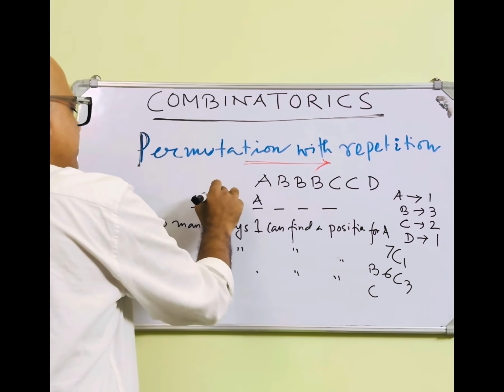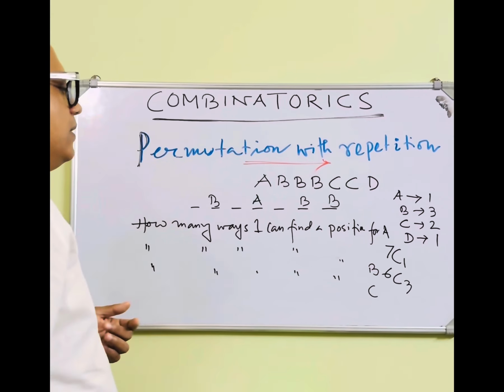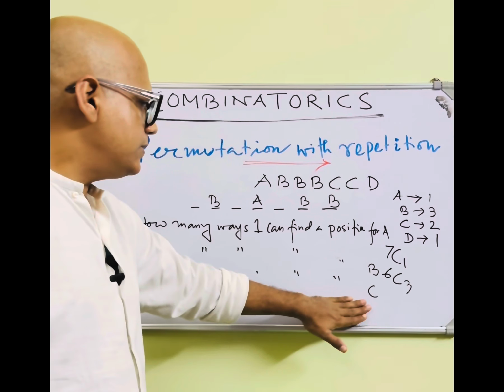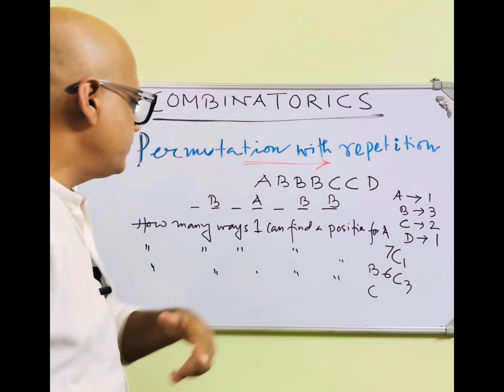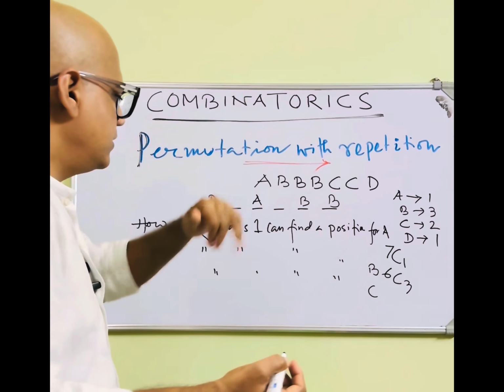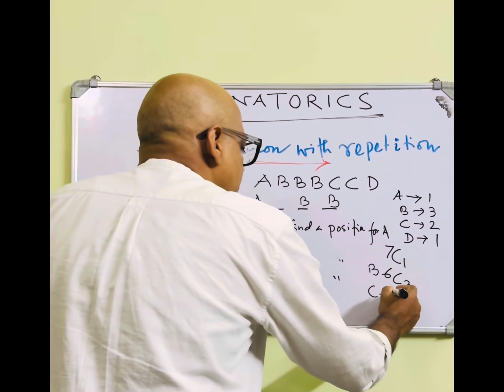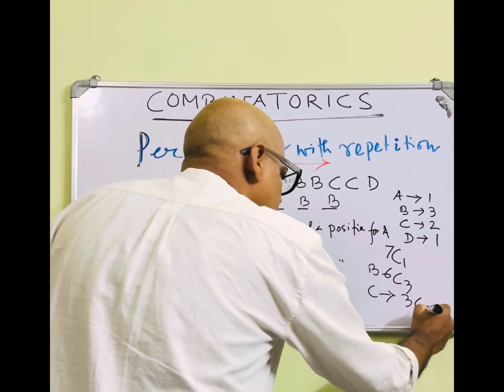Let's say B appears here, here as well as here. Now I need to find a position for C. C appeared twice, and the remaining positions are 3. So I can place C in 3C2 ways.